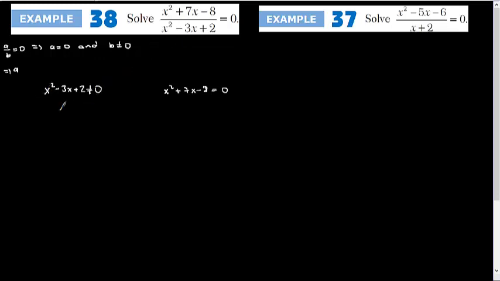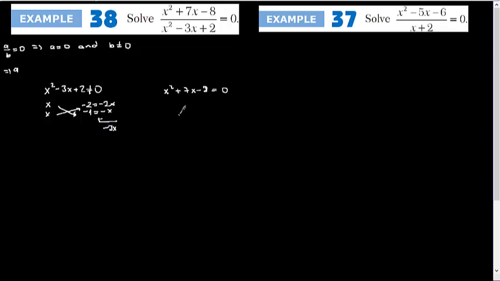X squared minus 3x plus 2 is equal to 0, so if I factorize this one, x, it's going to be, and minus 2 and minus 1 it must be, so it's equal to minus 2x, and it is equal to minus x, then the sum is equal to minus 2x plus minus x is equal to minus 3x.